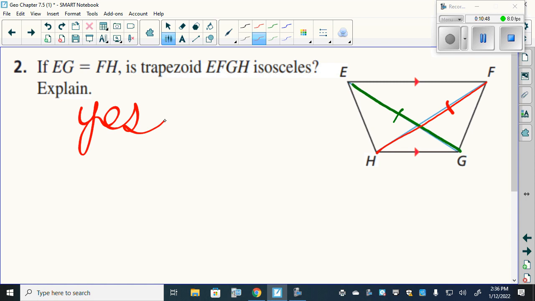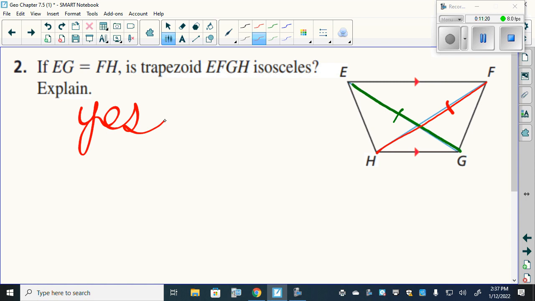Which states a trapezoid is isosceles if and only if its diagonals are congruent. Yes. So if EF and HG were both the same length, would that make that a square, right? Well, it wouldn't be a square because all four sides would not be congruent.